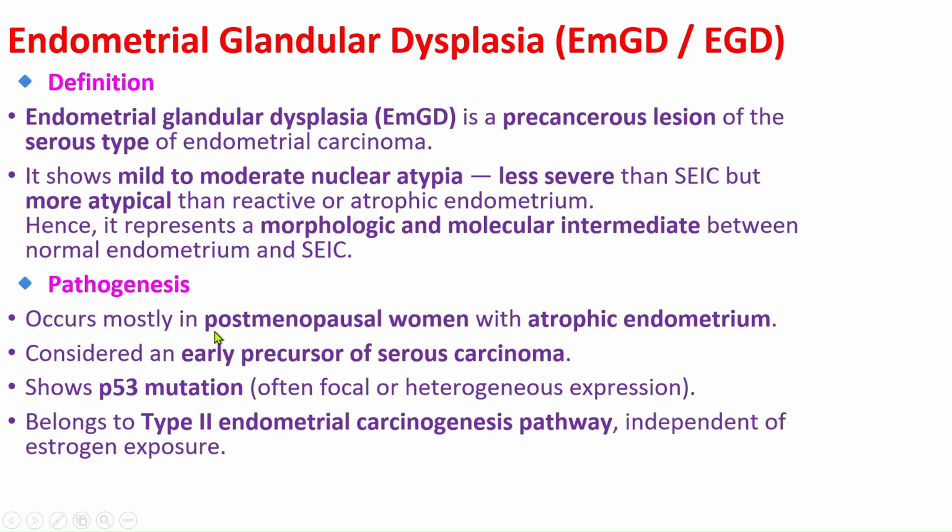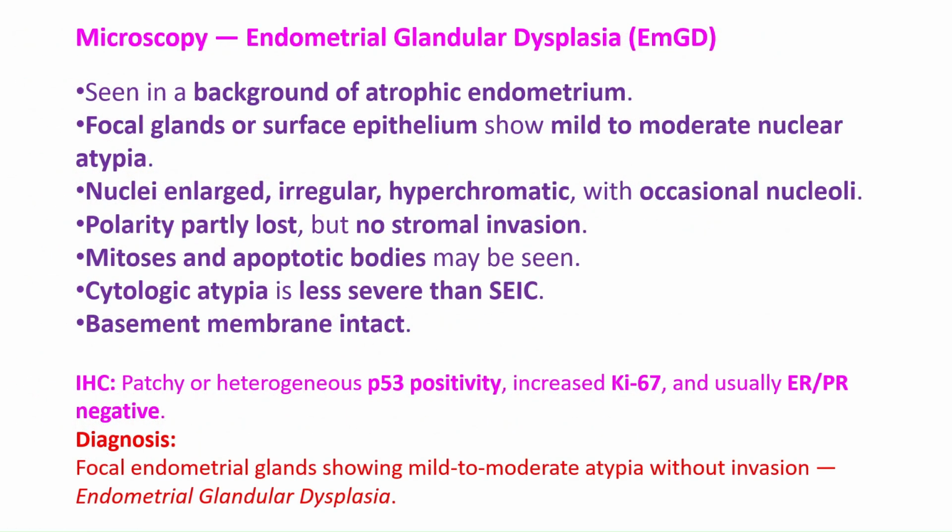Now, pathogenesis: seen mostly in postmenopausal women with atrophic endometrium, an early precursor of serous carcinoma showing P53 mutation and belongs to the type 2 endometrial carcinogenesis pathway, and it is independent of estrogen exposure.